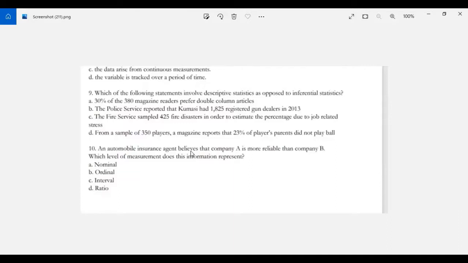Very, very important. So this automobile insurance agent is trying to rate company A above company B. He is saying you can rely on company A more than company B, meaning he placed company A above company B. So the ordering was meaningful. It was not meaningless. You get it?